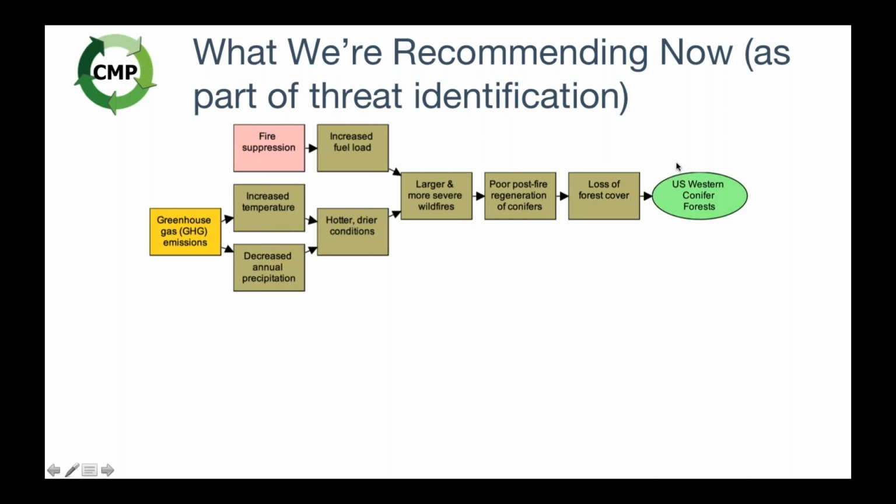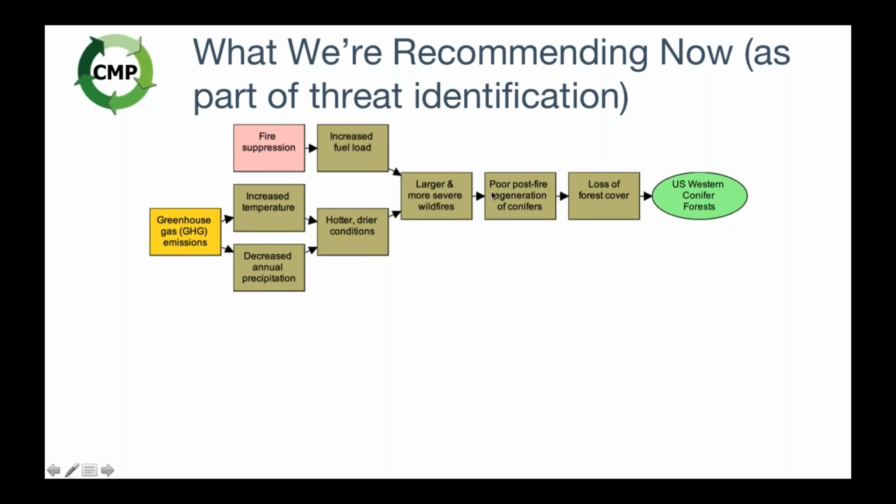So here, this team is working on conserving conifer forests in the western United States. And because of fire suppression, there's an increased fuel load, which is contributing to larger and more severe wildfires.